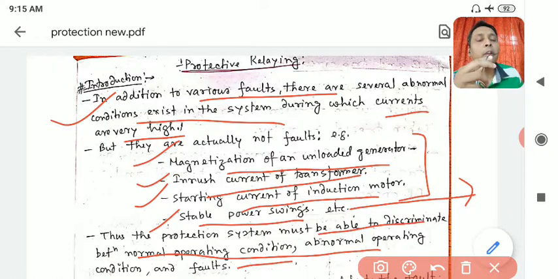You will get the impedance seen by the relay when you study impedance relays. These are not fault conditions, these are normal conditions, but the current becomes abnormally high. So your protection should not trip in these conditions. Only in a fault condition it should trip.